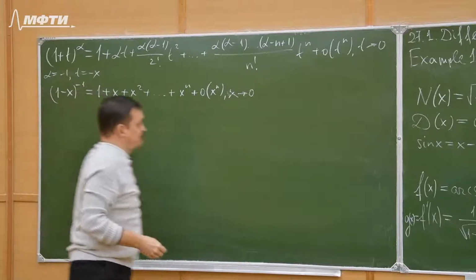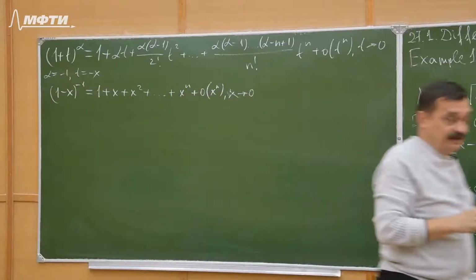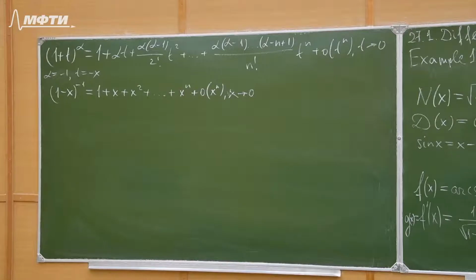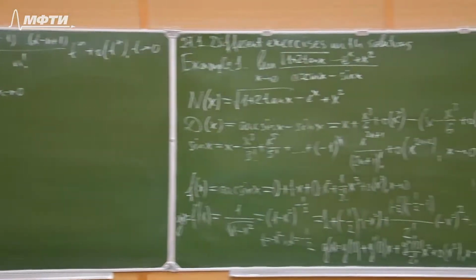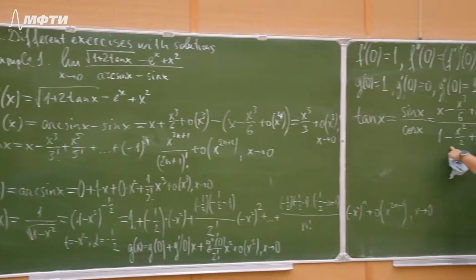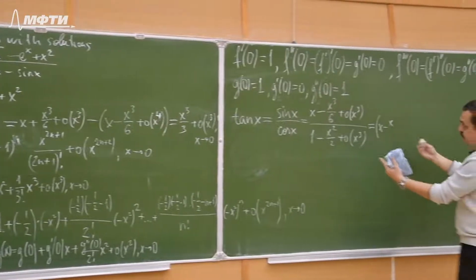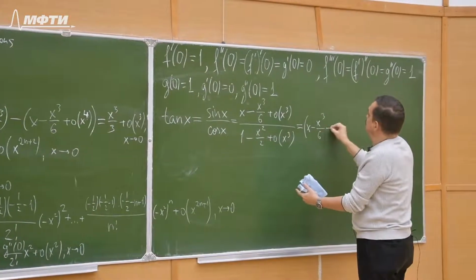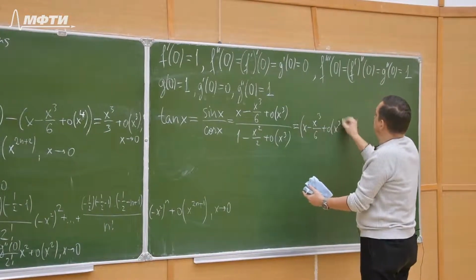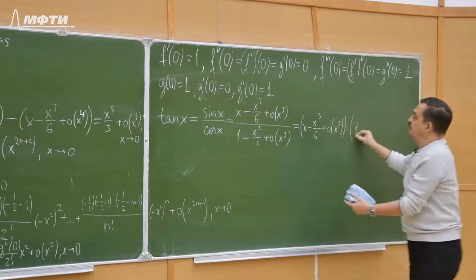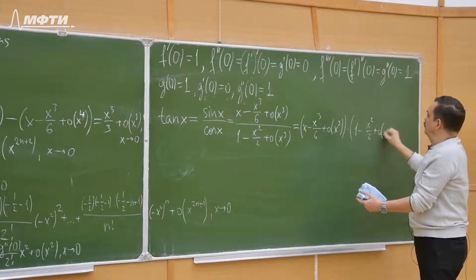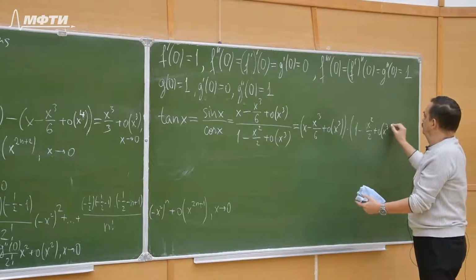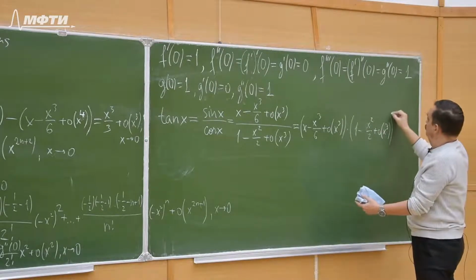That is a particular case of this expansion, and we can use it here. How? We replace division by multiplication, so we write times 1 minus x squared over 2 plus o of x cubed, to the power minus 1.